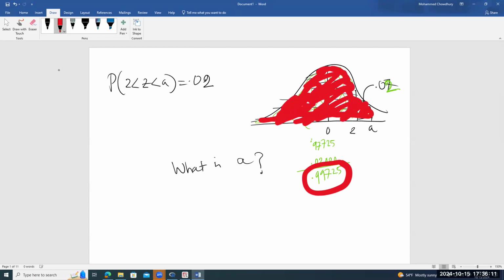Clear? So now come in here. This area I can write as A equal to stats.norm.cdf(0.99725, 0, 1), which will give you the value of A.